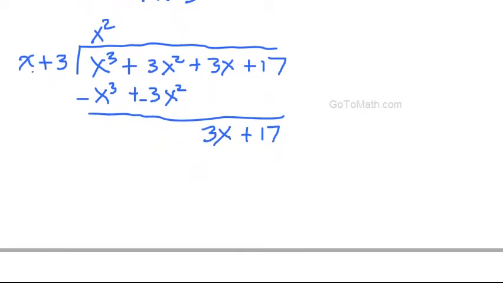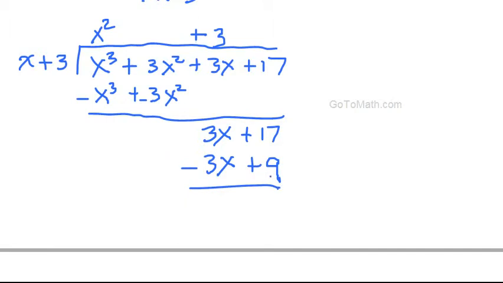And now we're going to do x goes into 3x, and you're going to be left with a 3. So then we multiply 3 times x, you get 3x, and then 3 times 3, you get 9.